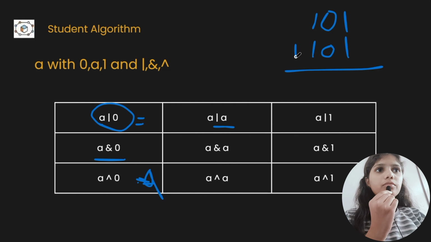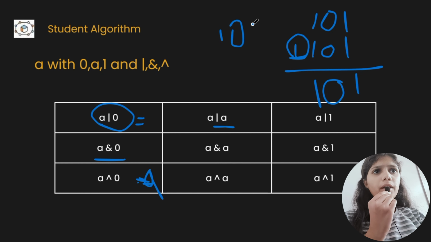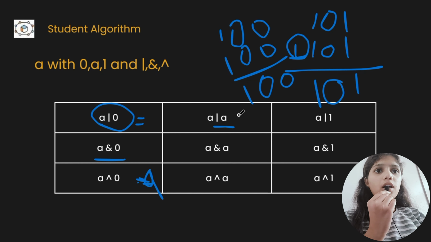This is the OR operation: 1 or 1 is 1, 0 or 0 is 0, 1 or 1 is 1. Let's again analyze with 4 to confirm. 0 or 0 is 0, 0 or 0 is 0, 1 or 1 is 1, which is again equal to A.